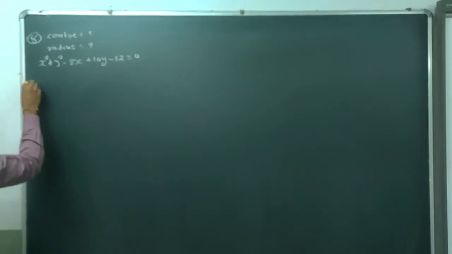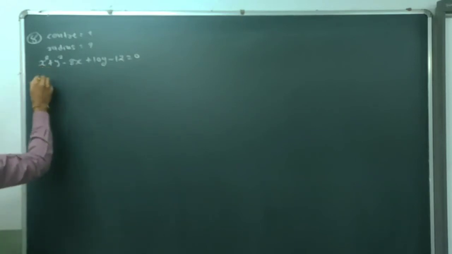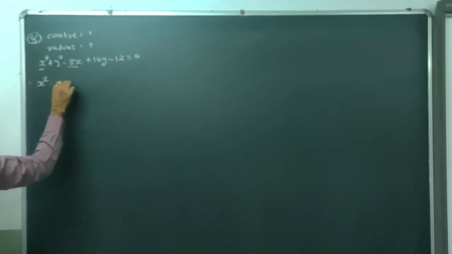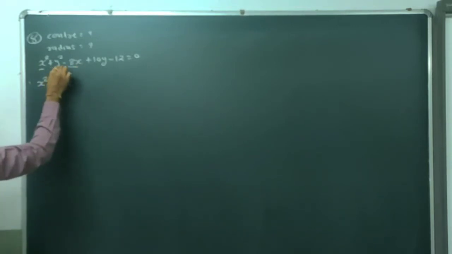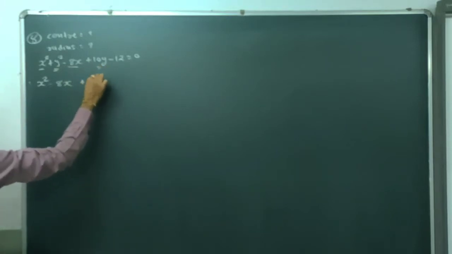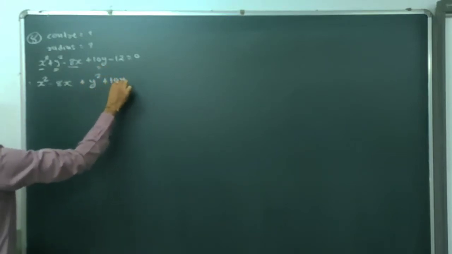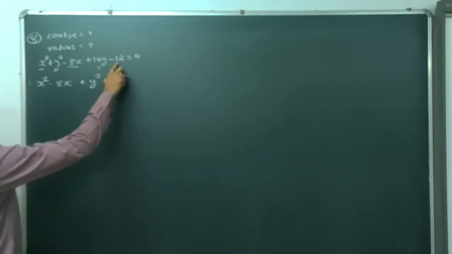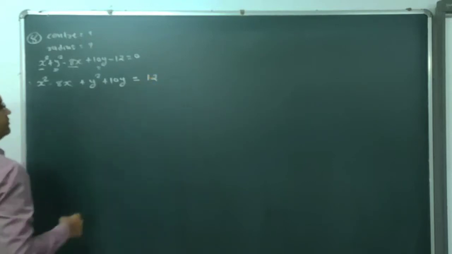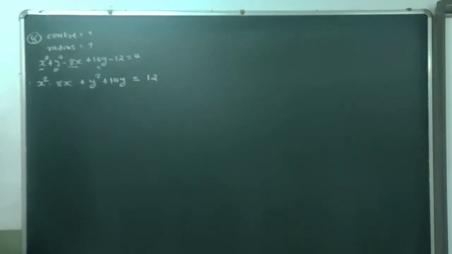So first we rearrange the terms: x square minus 8x, then y square plus 10y, taking the minus 12 to the right hand side, so it's plus 12. Clear?